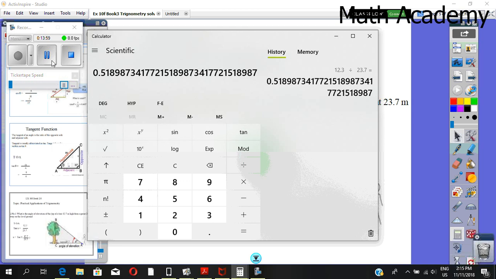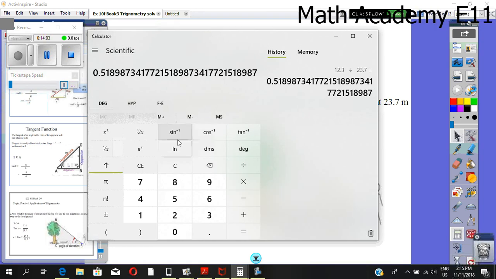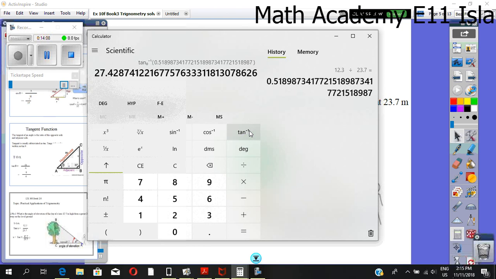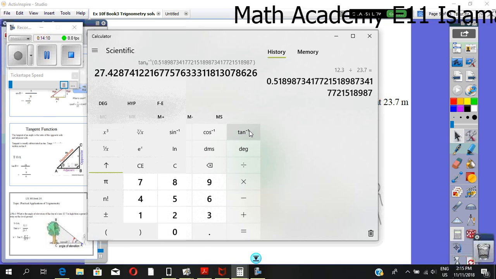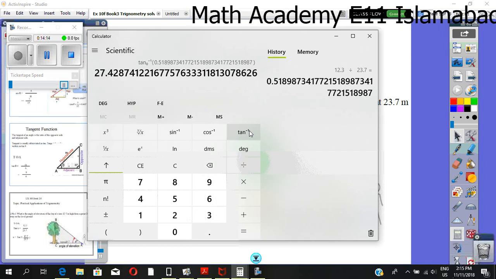Then we take the tan inverse, and it gives us 27.42, or after one decimal place, 27.4.